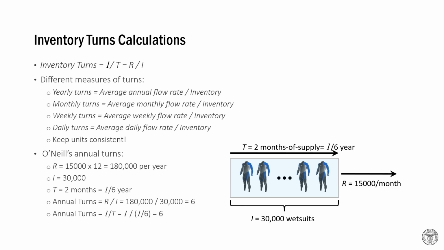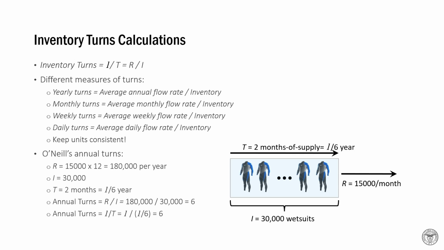In the case of O'Neill, their annual inventory turns can be calculated as follows. With an annual flow rate R of 180,000 units, that is 15,000 units per month times 12, and an inventory I of 30,000 units, their annual inventory turns comes out to be 6.